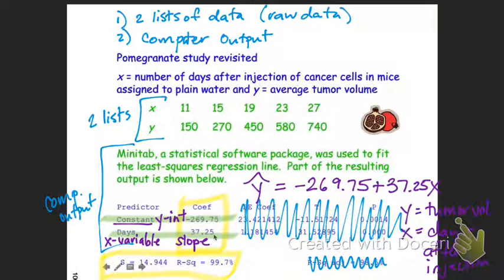Below, you will see this S. That represents the standard deviation of the errors, or of the residual, which we'll learn what that is in a minute.